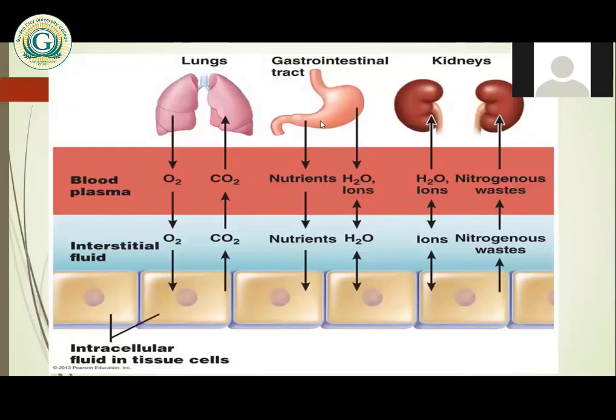Same for nutrients after digestion: they get into the blood, into the interstitial fluid, into the cells. Water is the same, as are other waste products and other substances that are excreted by the kidney.